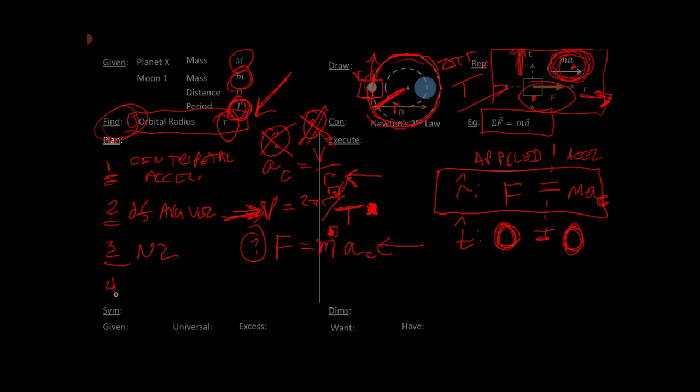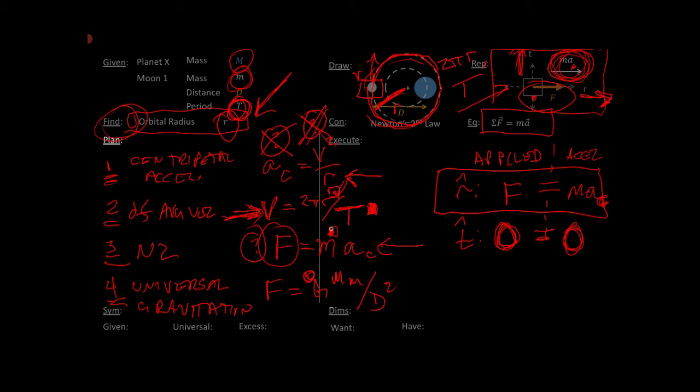And fourth, we're going to have to find this. This is the force of gravity, so we'll use universal gravitation. F equals GMM over d squared. This is a universal constant, so it gets a circle.